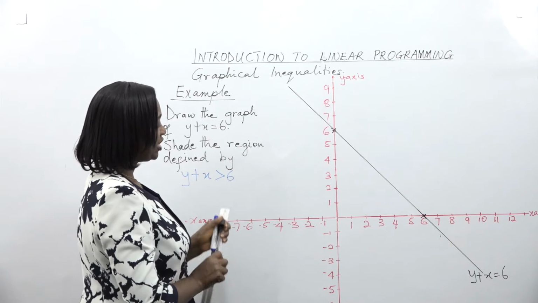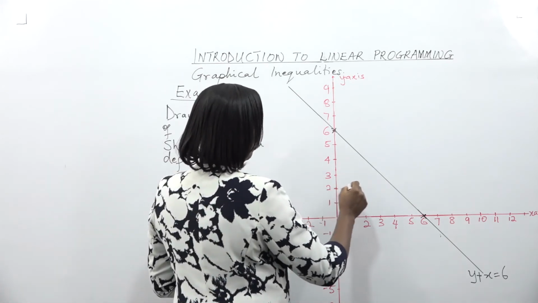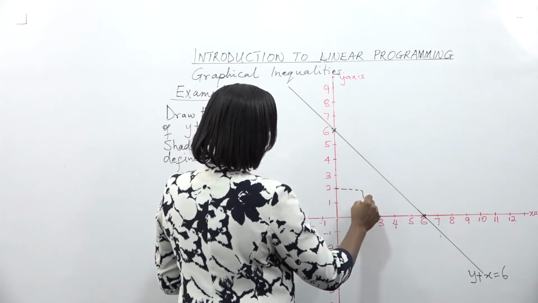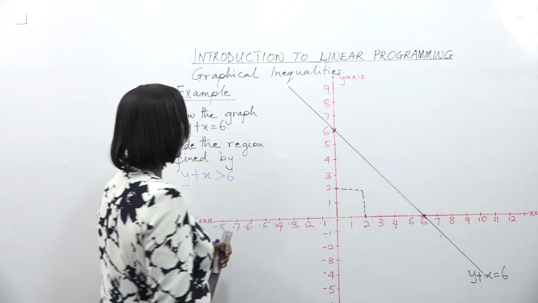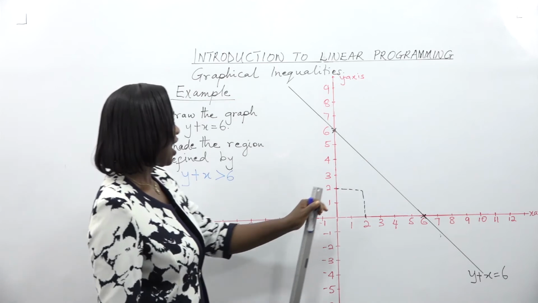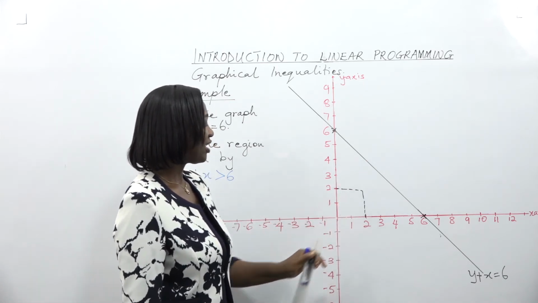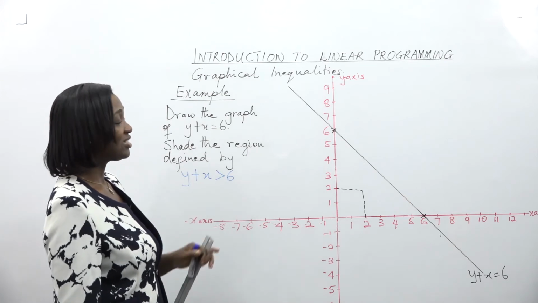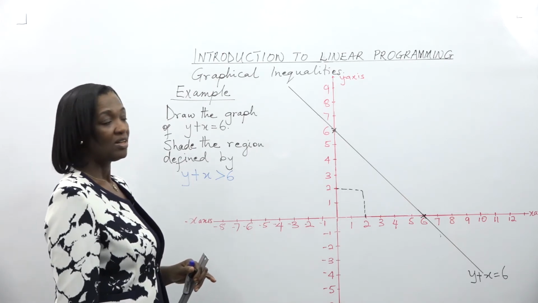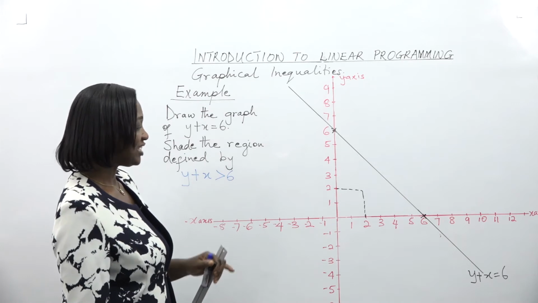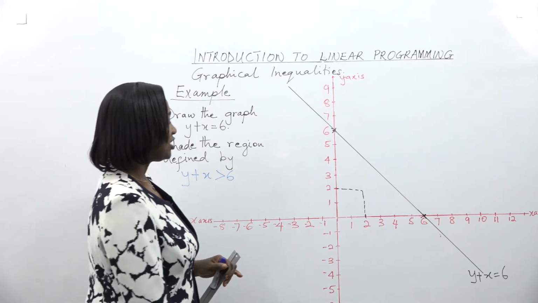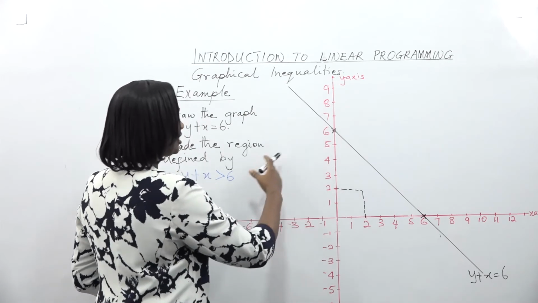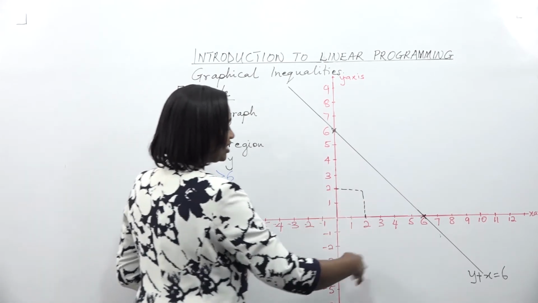So let's choose a point, for example the point 2, 2, where x is 2 and y is 2. x plus y, 2 plus 2, is that greater than 6? 2 plus 2 is less than 6. So this is the region where x plus y is less than 6.